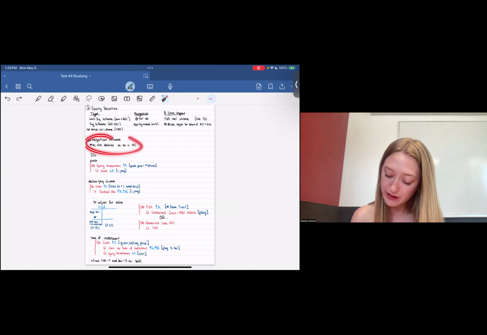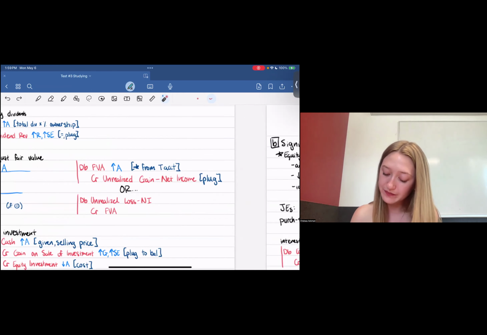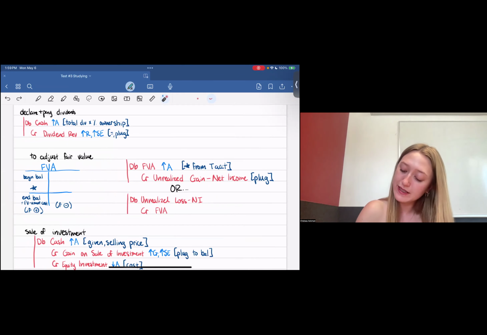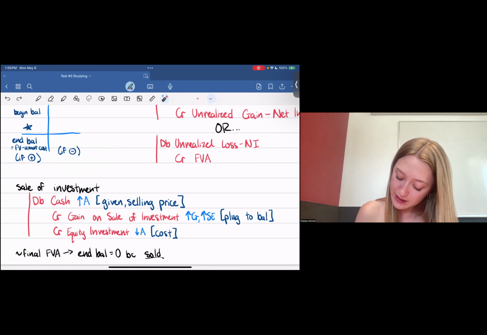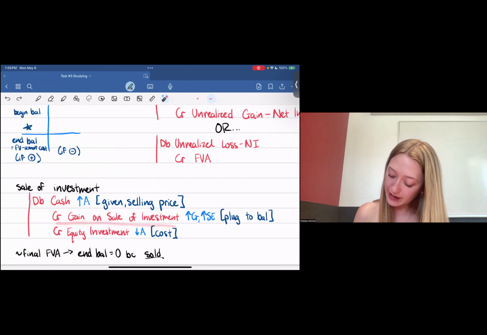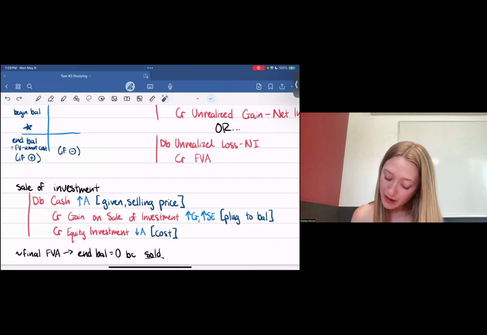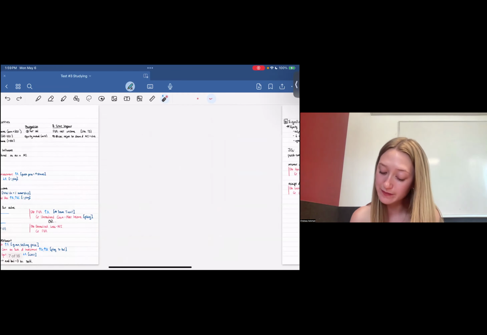This is specifically for insignificant influence when we do this dividend amount. And then again, the fair value adjustment is the same, going to net income because it's treated like a trading security. And then for the sale of investment, debit cash, credit the gain, credit the equity investment at cost, but otherwise this is the same as the sale of a debt investment.